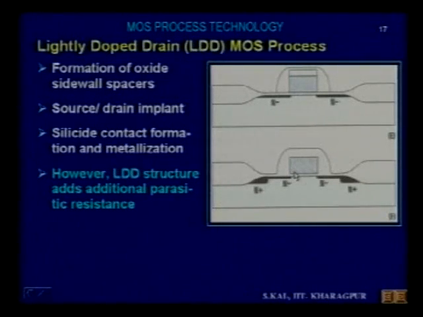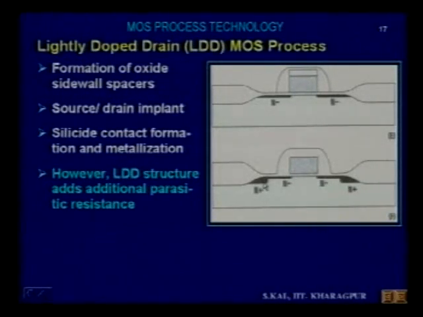Okay. Now the problem of the LDD structure, as I mentioned, is additional parasitic resistance. Where is it coming from? Because of this N minus region. Earlier, with the N plus source and drain, and the channel inverted, there is a direct path from source to channel to drain.